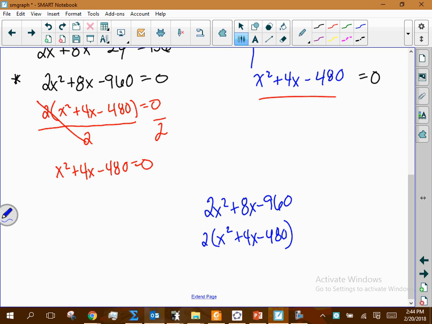But in this case, I can't just let that 2 disappear. Does anybody know why I can't let that 2 disappear? How did this differ from that?